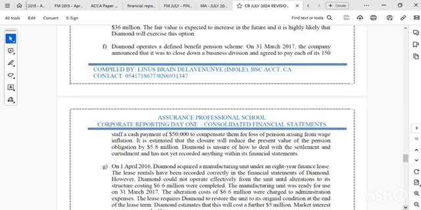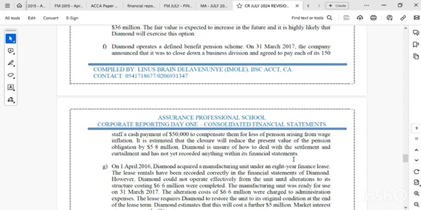It is estimated that the closure will reduce the present value of the pension obligation by $5.8 million. Diamond is unsure of how to deal with the settlement and curtailment, and has not yet recorded anything within its financial statements. Okay. So this is about employees' benefits.